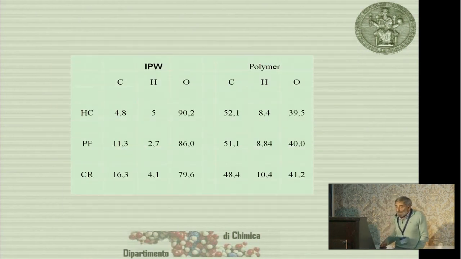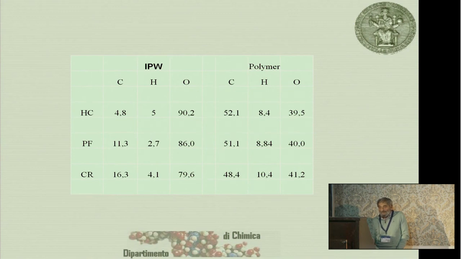This table reports the percentage in weight of the elements C, H, and O in the solid obtained by lyophilization of the liquids perturbed by some hydrophilic polymers and the corresponding perturbing polymers.